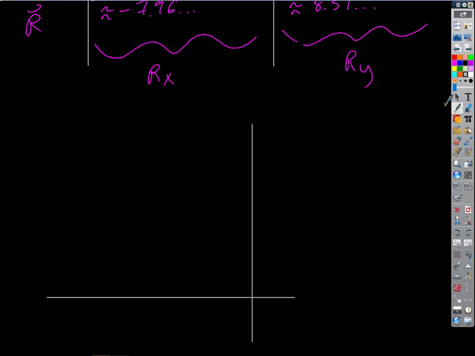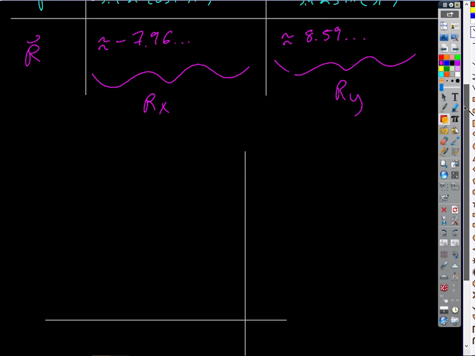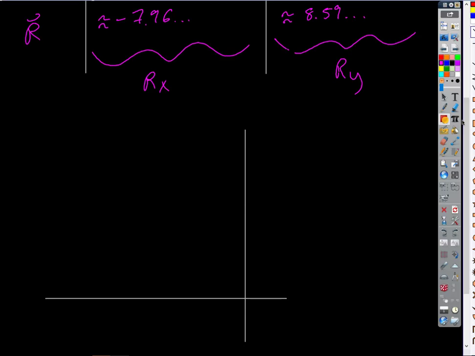So now let's add these components. So I know we're going to have an x component of negative 7.96. Okay, it doesn't really matter if we get this right or not. Let's go ahead for our resultant.